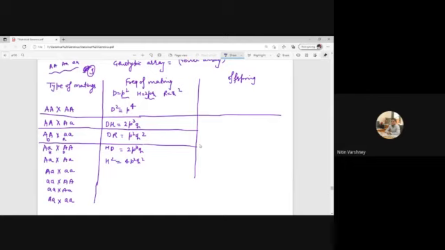Then next one is capital A small a with small a small a, that is heterozygous H into R. So I can write HR, and HR will be 2PQ to the power 3.